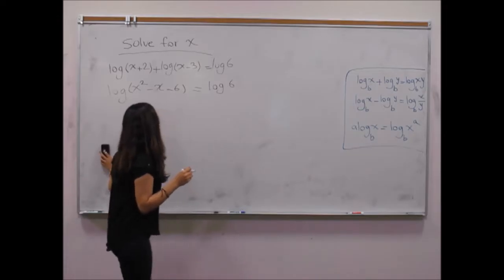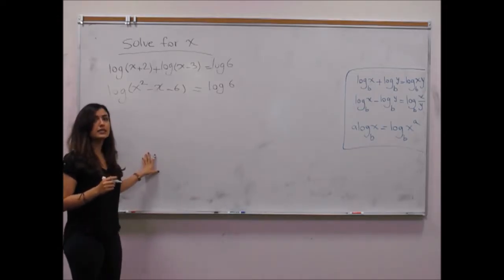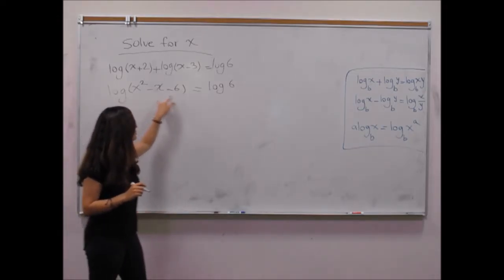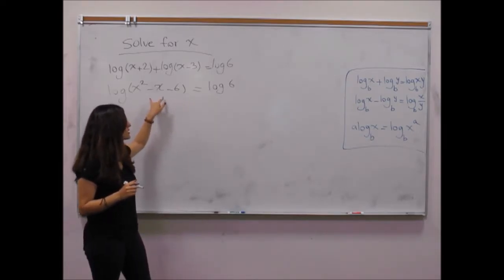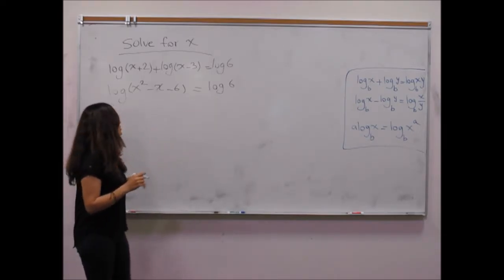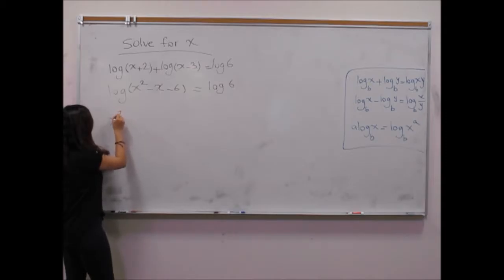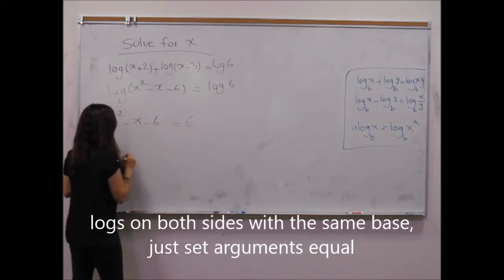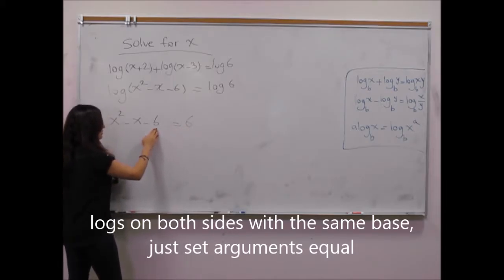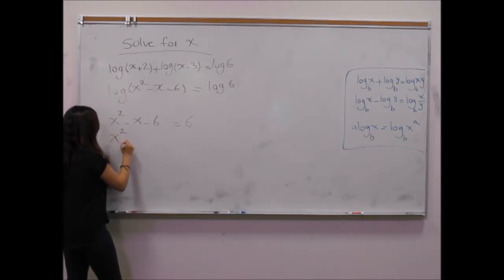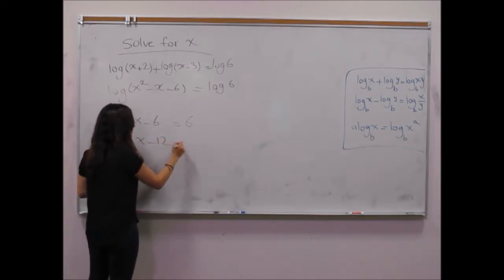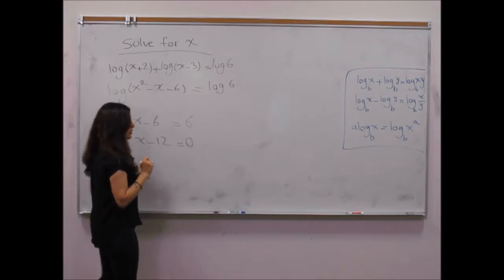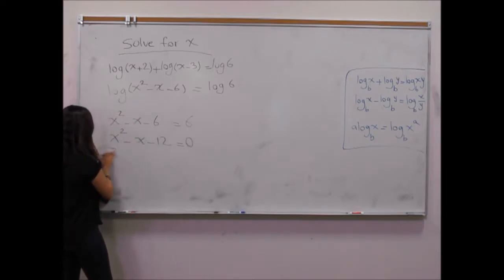So we have log on both sides with the same bases, and they're equal to each other, so that means the arguments should be equal to each other. So x squared minus x minus 6 is equal to 6, and then I'm going to bring the 6 over, so minus 6, and I will have x squared minus x minus 12 equal to 0. So I have a quadratic equation, so let's factor it.